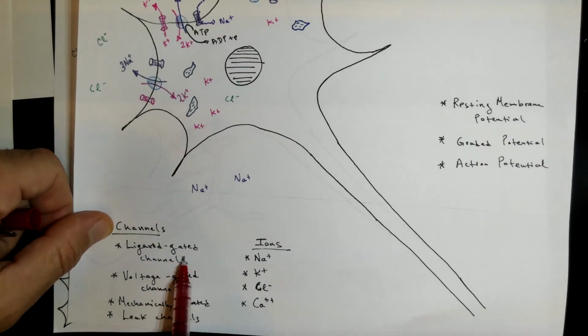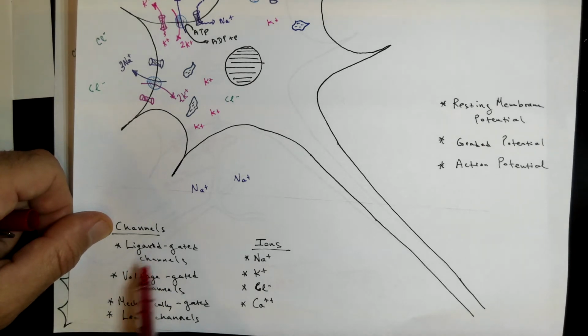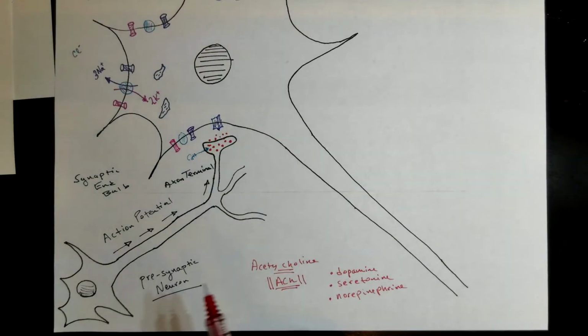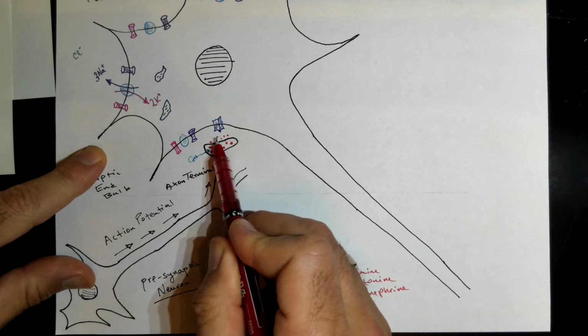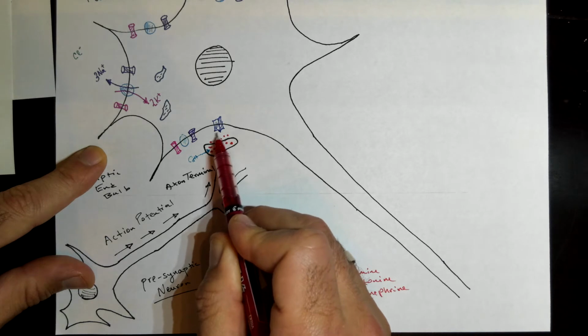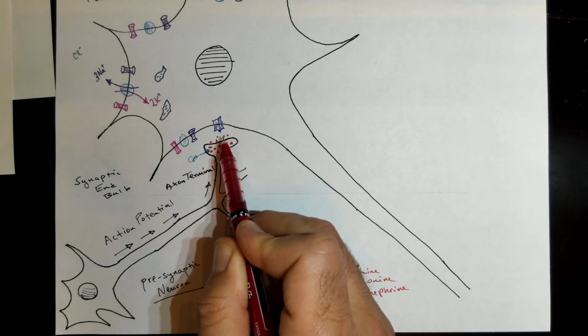Gated, closed, unless the ligand or the chemical, or in this case, the neurotransmitter, is present. And here we can see that it's closed, but that the neurotransmitter, the ligand, is going to start to diffuse and go towards it. And when it does bind to it, we're going to see that this gated channel does in fact open.